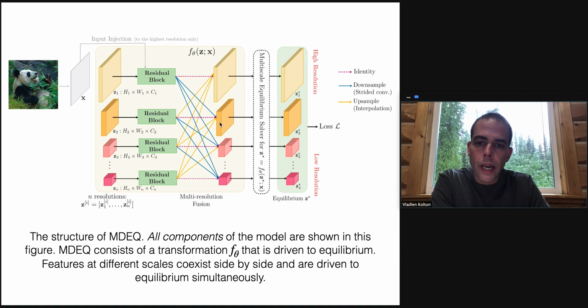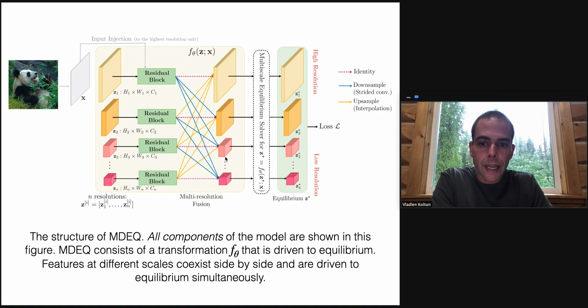The yellow and blue arrows you see here convey information from one resolution level to another via either bilinear upsampling or parameterized convolutional downsampling. What you get after this mixing is a feature tensor at each resolution.